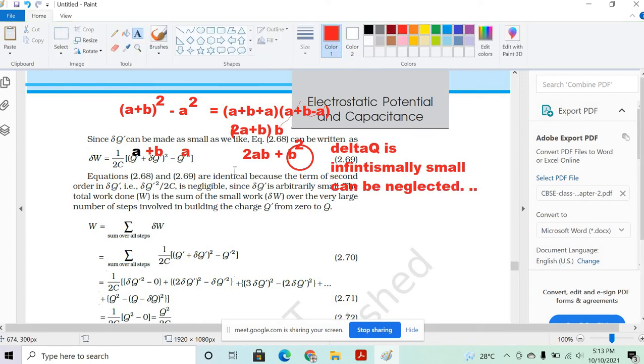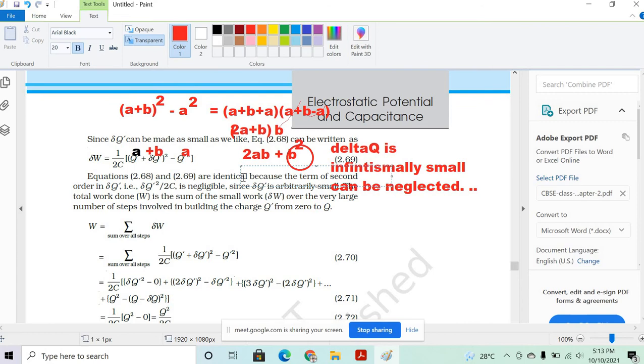So you got 2ab. 2ab is nothing but, where a is q and this b is delta q. Divide by 2, you will get the same thing. So 2ab is what? 2a is nothing but q, and b is delta q.